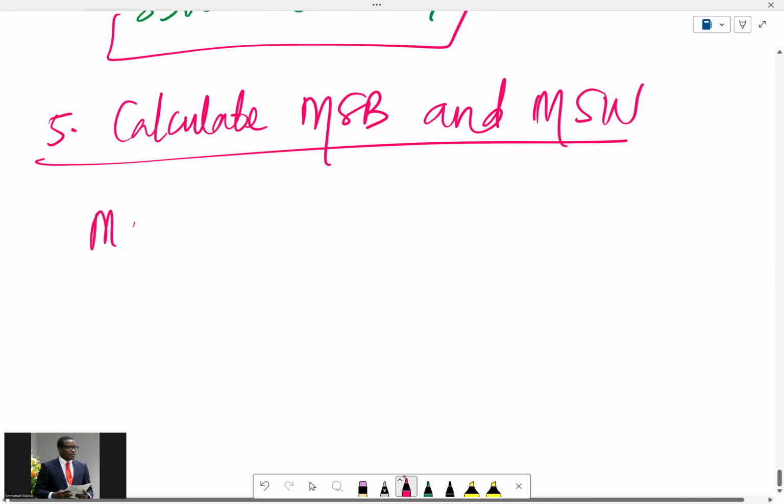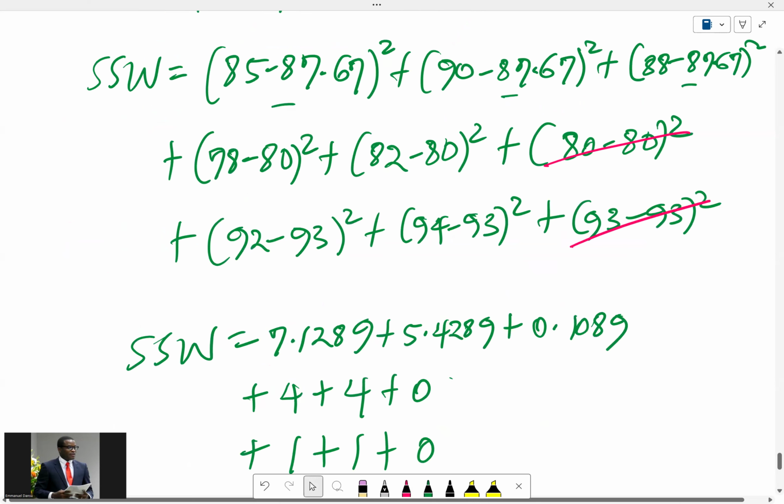So again, MSB, if we follow the formula, is SSB divided by K minus 1. That's number of groups minus 1.